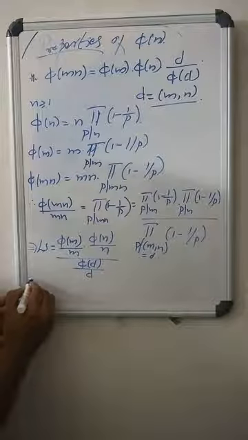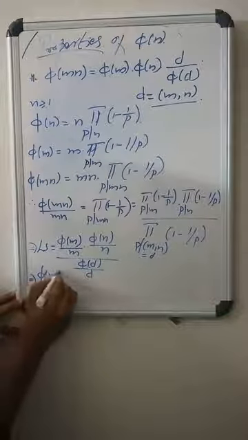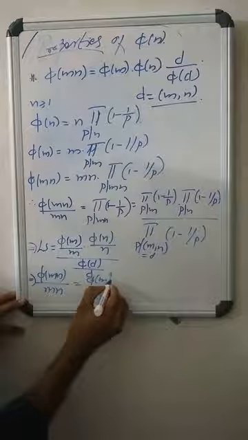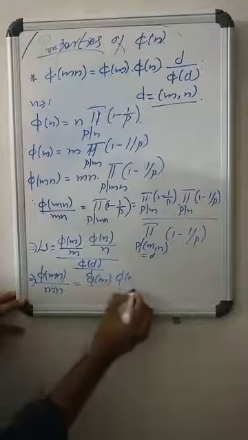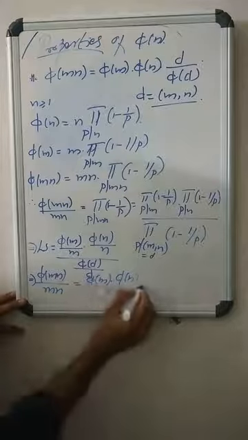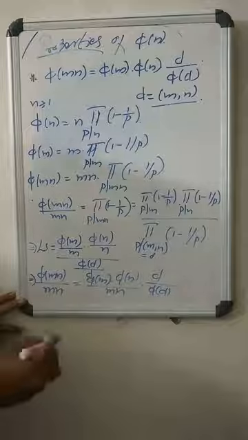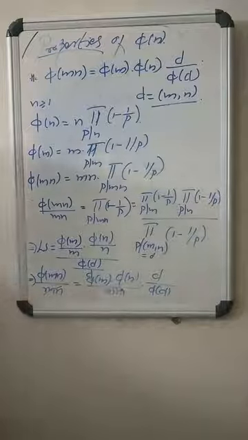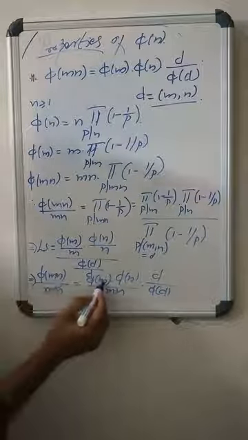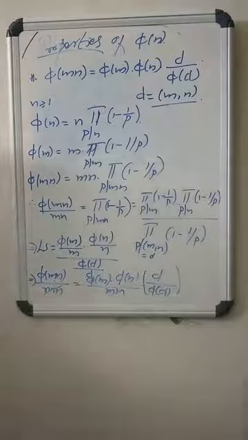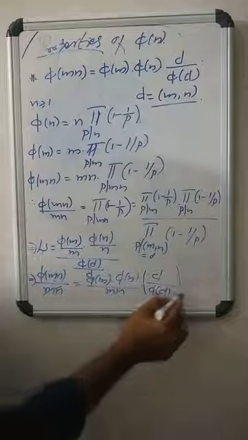So phi of mn by mn equals phi of m into phi of n by mn, into d by phi of d. The mn cancel each other. So finally phi of mn equals phi of m into phi of n into d by phi of d. So that is what we require.